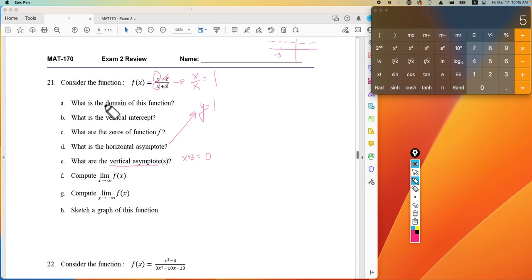So notice when we answered the question about the domain, we solved this same equation, and we got that x equals -3 is not in the domain, but it is a vertical asymptote. So we're going to see something like that. So x equals -3 is a vertical asymptote.